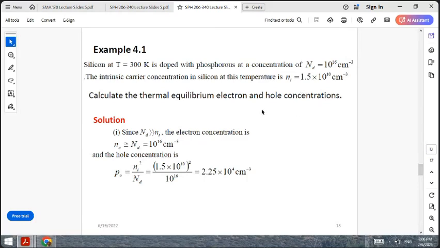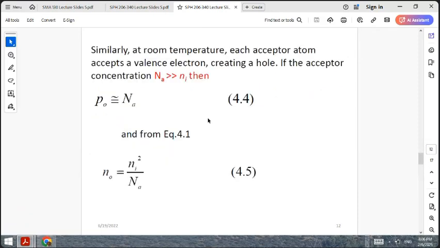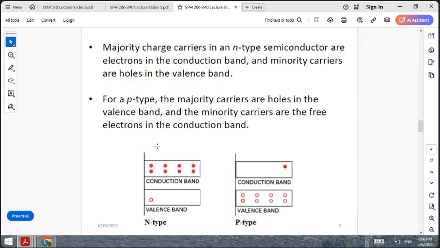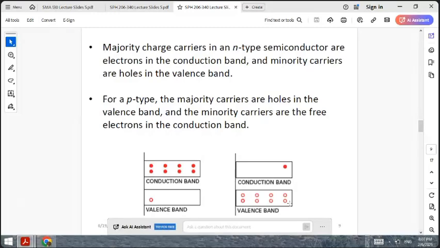So we remember, whenever we dope a material, the majority carriers are donated, for N type, by donor atoms. For P type, we get these holes from acceptor atoms.